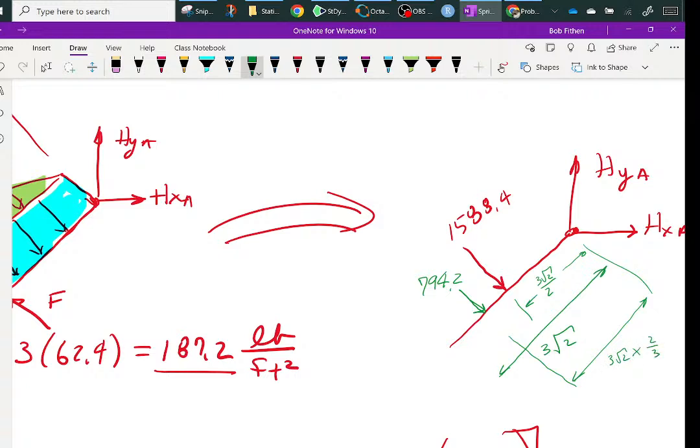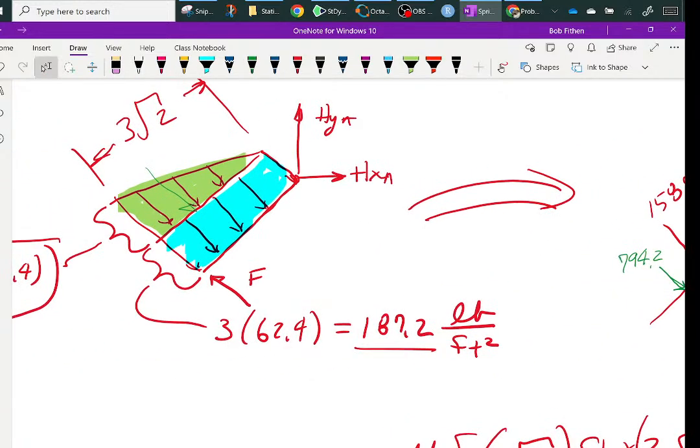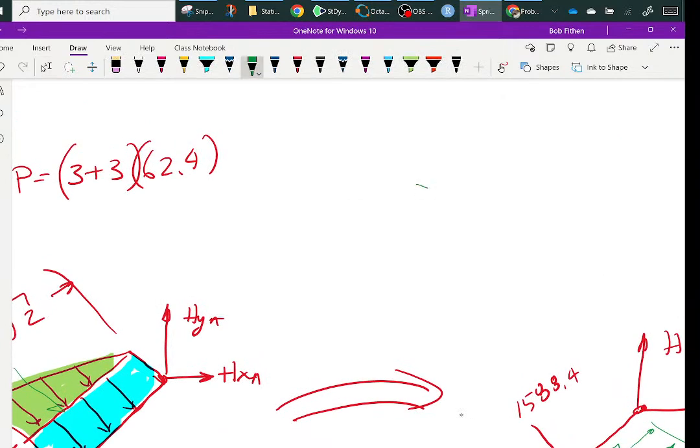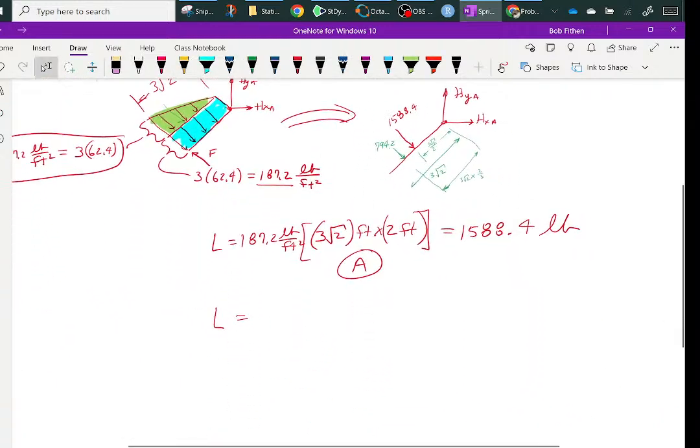So it's 2/3 from the light end, 1/3 from the heavy end. In other words, and this is just a statics thing, if you've got a load here and you've got a length, it's equivalent to the load being placed at the centroid of the area, which is 2L over 3 from the light end, or L over 3 from the heavy end. And that's just what it is.